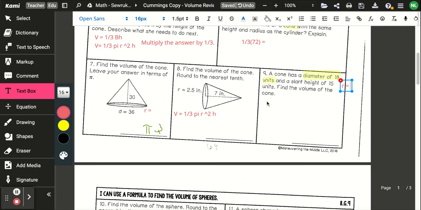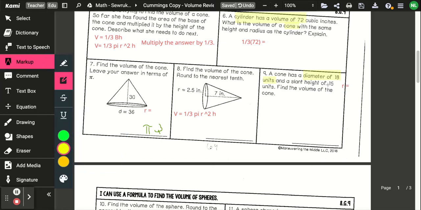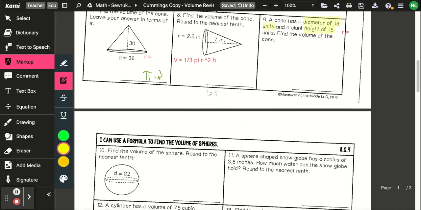Find the volume. Remember, you need to rewrite the formula, plug in what you know, put it in your calculator. This is the height. All right, so then you're finding the volume of the cone for that one.